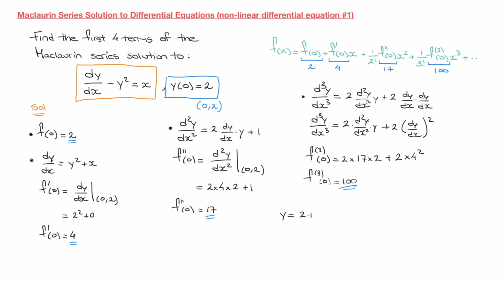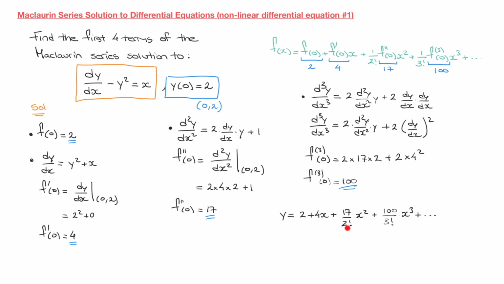That's 2 plus 4x plus 1 over factorial 2 times 17 times x squared. So that becomes 17 over factorial 2 times x squared plus 1 over factorial 3 times 100 times x cubed. So that's plus 100 over factorial 3 times x cubed plus 3 dots.